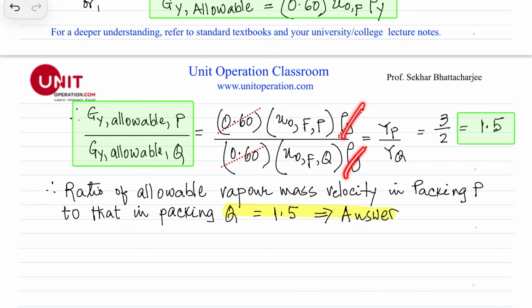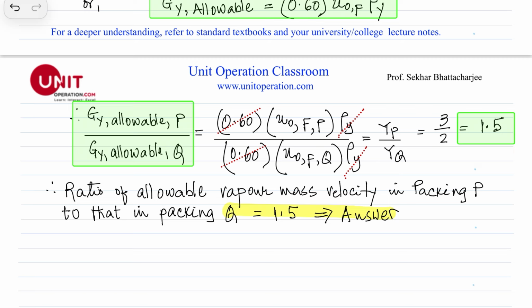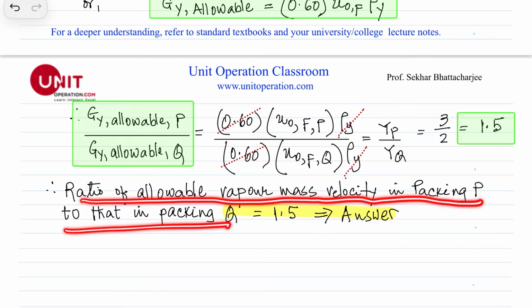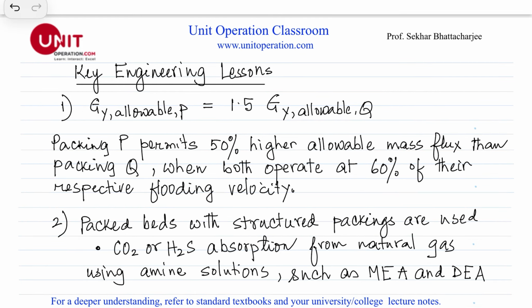So these two rho y cancel out. We get basically that the ratio of allowable mass velocities for P and Q is equal to the ratio of the superficial flooding velocity for P and Q, which is equal to 1.5. So this ratio of the allowable vapor mass velocity in packing P and Q is equal to 1.5. That is the answer. So what are the key engineering lessons here?